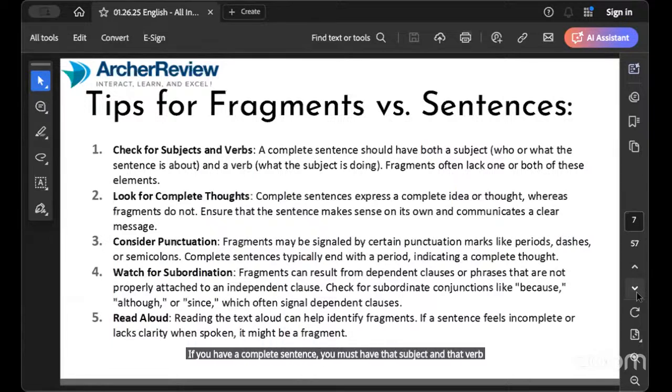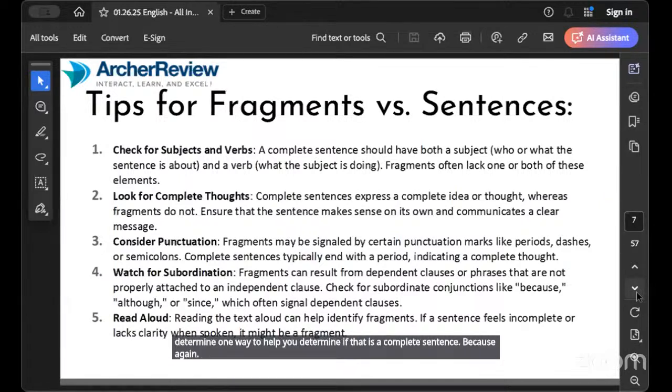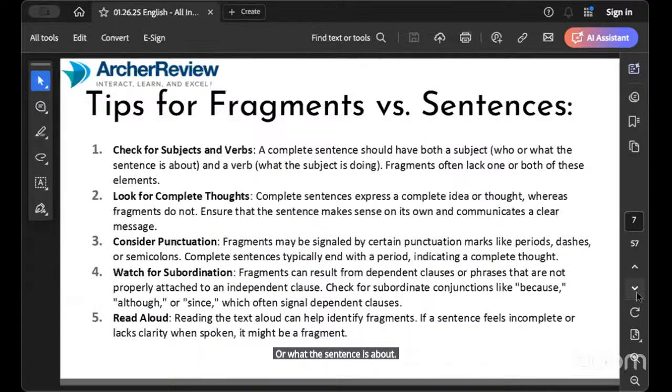So you must find the subject and find the verb, and that's going to help you determine if it is a complete sentence, because it will have a subject, a who or what the sentence is about, and it's going to have a verb. A fragment would be missing one or possibly both of these.